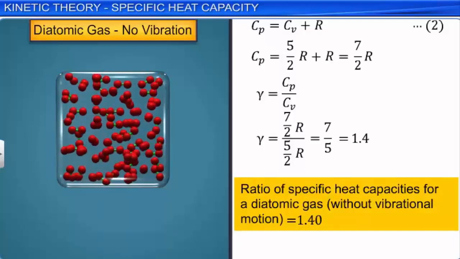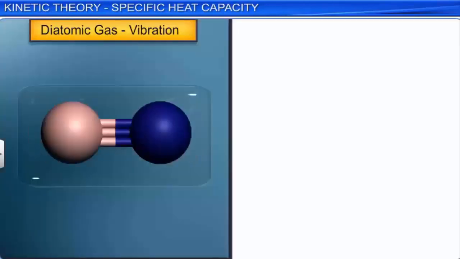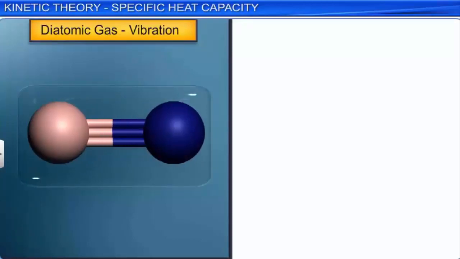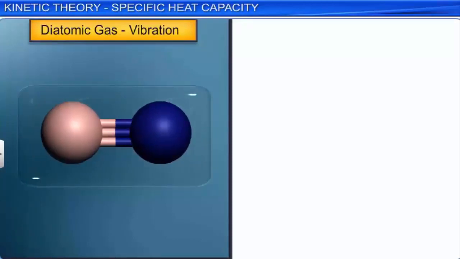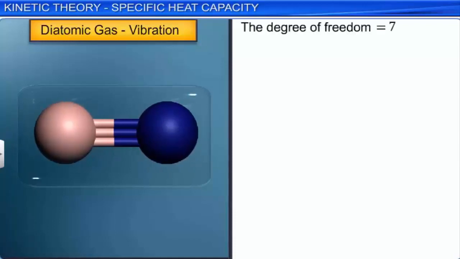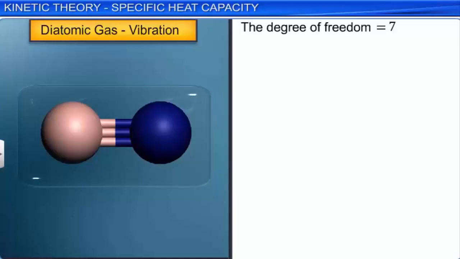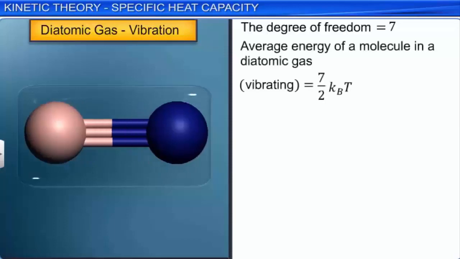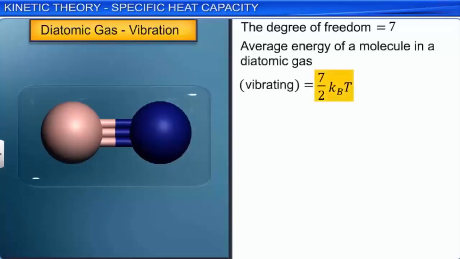Now, in the second case, we will consider a diatomic molecule that has vibrational motion as well. The number of degrees of freedom in such a case is 7. According to the law of equipartition of energy, the average energy of a molecule is 7 by 2 kBT. 1 mole of gas contains Avogadro's number of molecules.